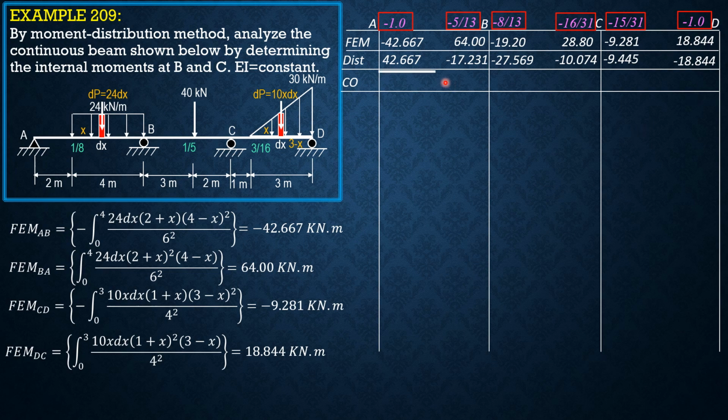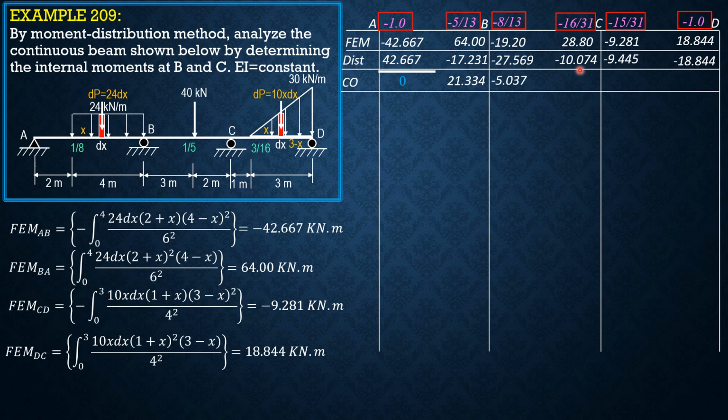Before carrying over, let's finalize the moment. So it's 0 here, it's also 0 there. Since it is already balanced, we don't need to carry over half of negative 17.231 at A. Instead, half of 42.67 at B, which is 21.334.